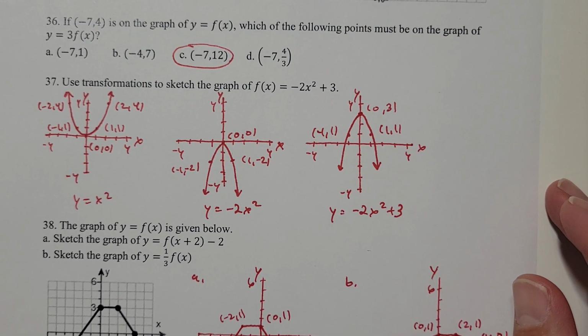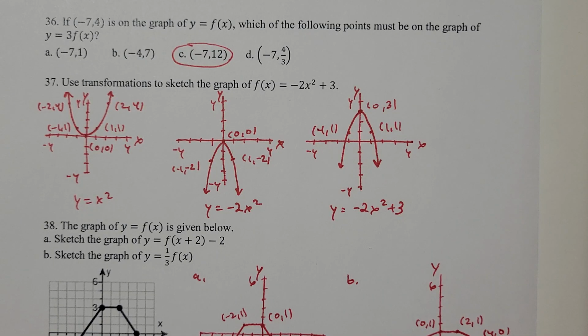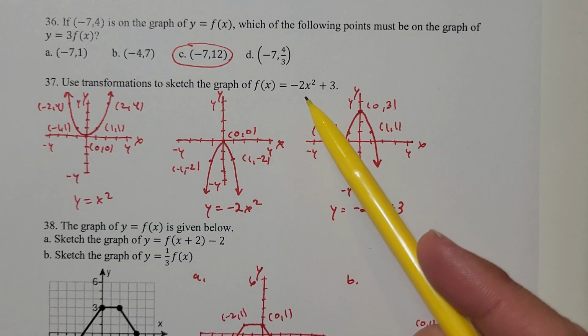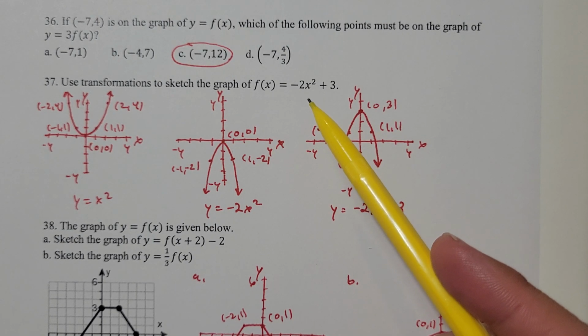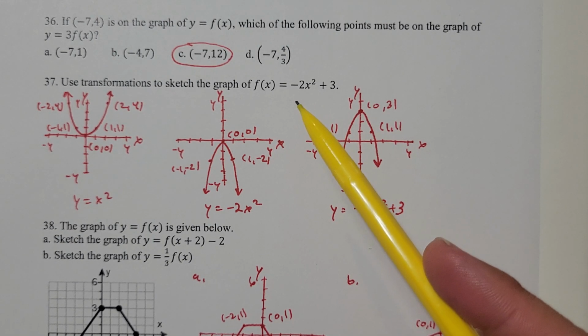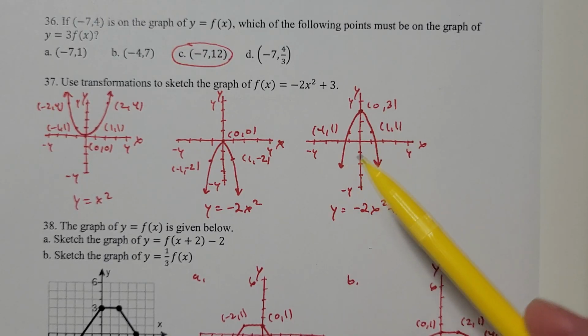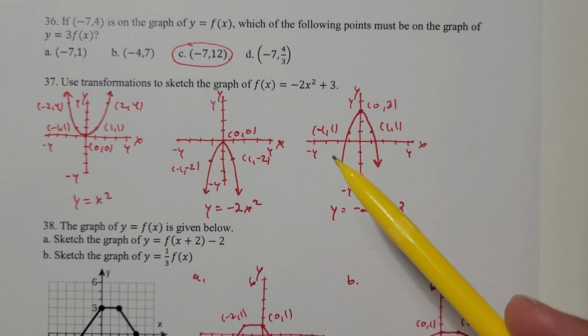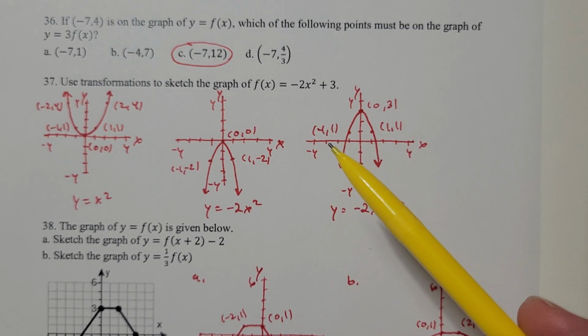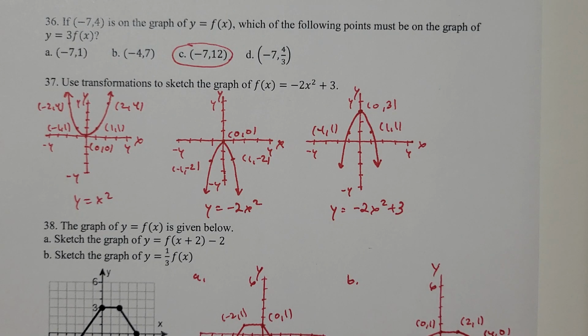I mentioned this very briefly in the last video, but knowing transformations is very important because it's like you already know the answer. If I already know that I'm going to vertically stretch this graph by a factor of 2, flip it upside down, and then shift it up 3 units to get this graph, which is what I did, that's huge over somebody who doesn't know that information and is stuck point plotting. So again, knowing transformations is very important.